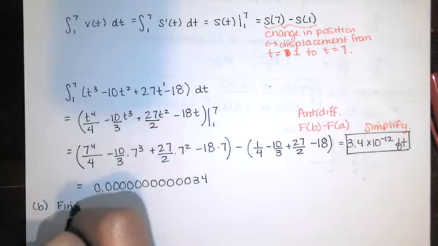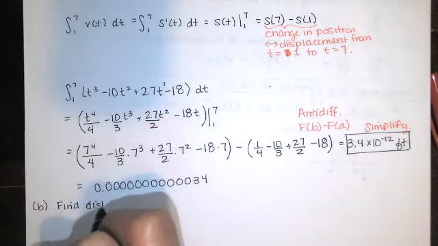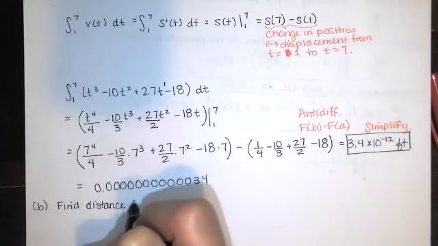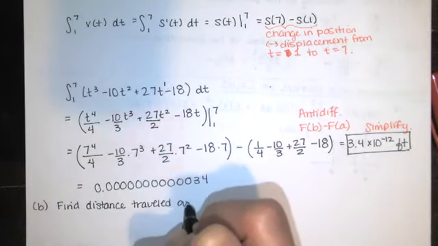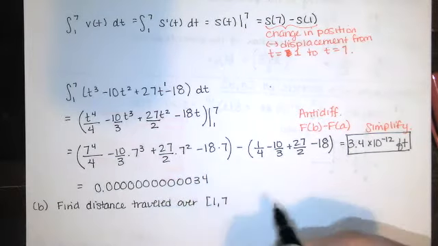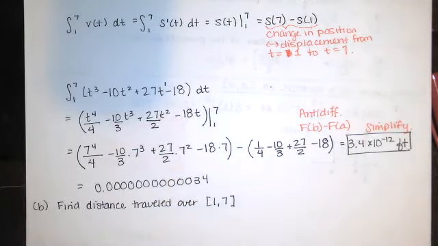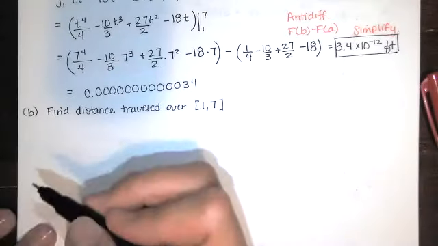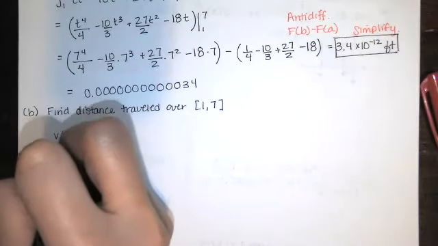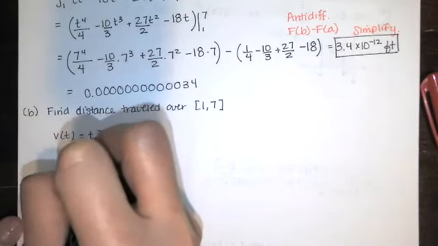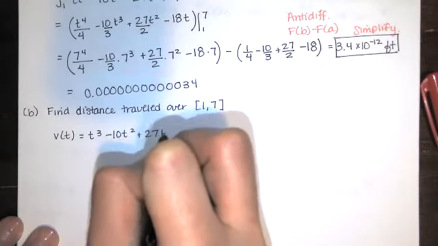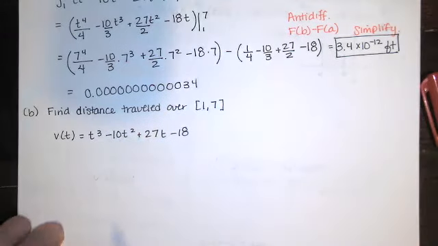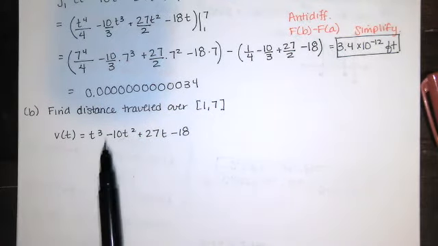Find the distance traveled over the same time interval. Okay, now in order to do this, I'd like to be able to factor this polynomial like I did on the last one, but it's not 100% obvious.